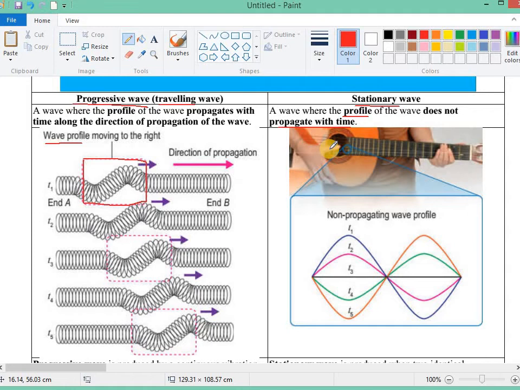Okay, now let's make a stationary wave. This is a stationary wave. See, it only goes up and down. Stationary wave. This oscillation is not very fast. If I oscillate faster, what will happen?